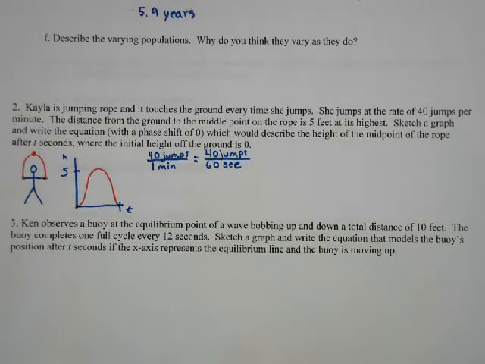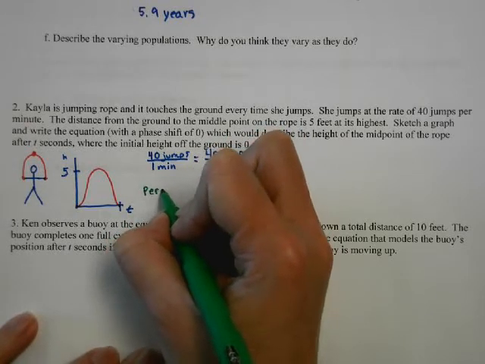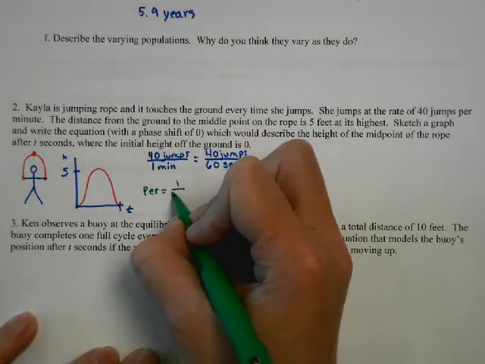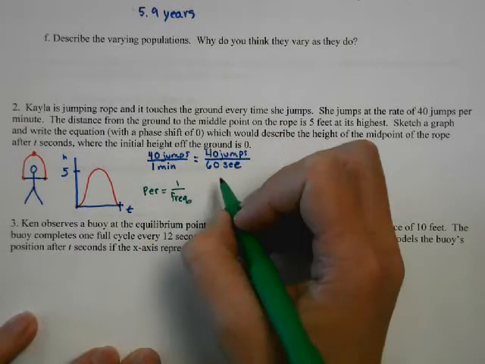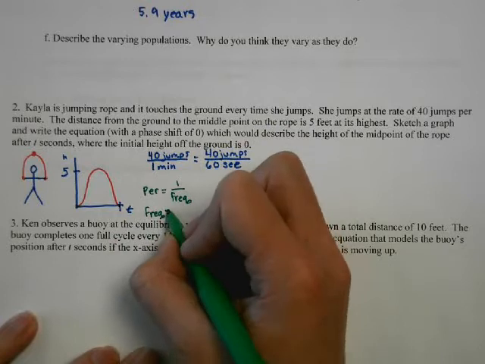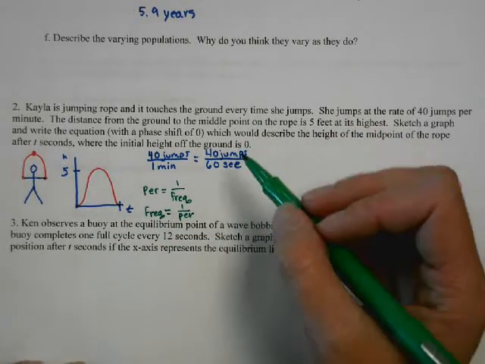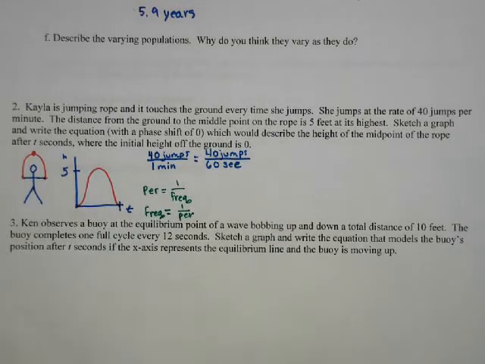Just as a side note, period is equal to the reciprocal of frequency, and frequency is the reciprocal of period. So we have a frequency, we want a period, so we're going to flip this over.